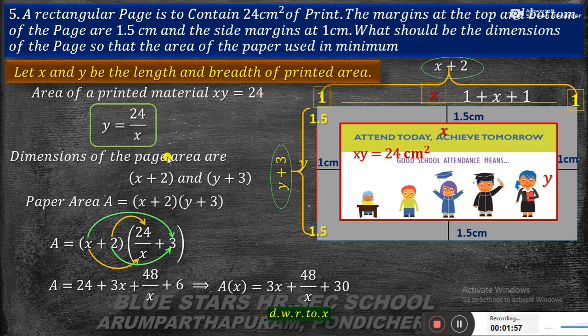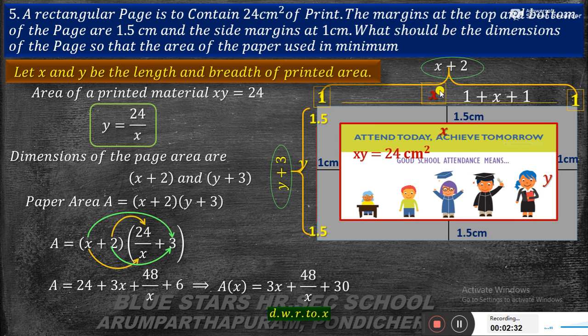Therefore dimension of the page, now I consider x plus 2 and y plus 3. Why x plus 2? The side margin is 1 and 1, so you add 1 plus 1 to x, so x plus 2.